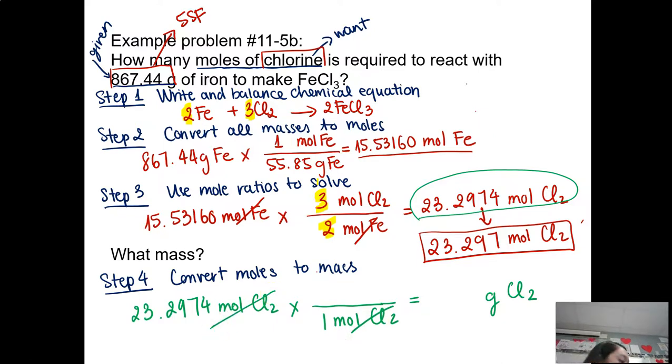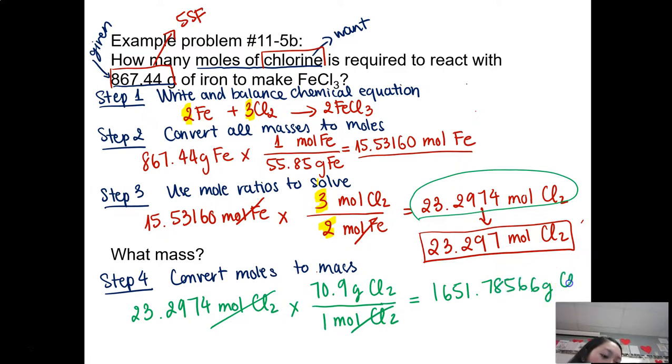And gram of Cl2, it's 70.9 gram of Cl2. So you should get some number like 1651.78566 gram Cl2.